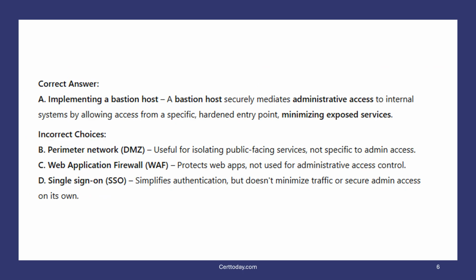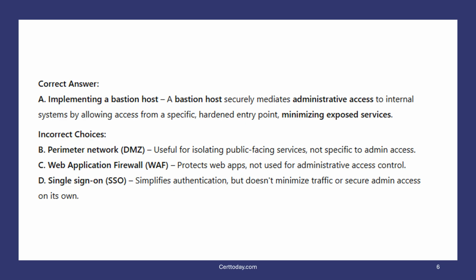The correct answer is A, implementing a bastion host. A bastion host securely mediates administrative access to internal systems by allowing access from a specific hardened entry point, minimizing exposed services. B is incorrect because a perimeter network, DMZ, is useful for isolating public-facing services, not specific to admin access.